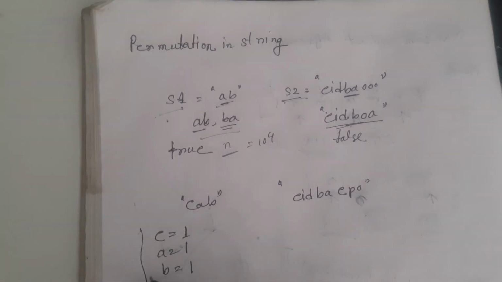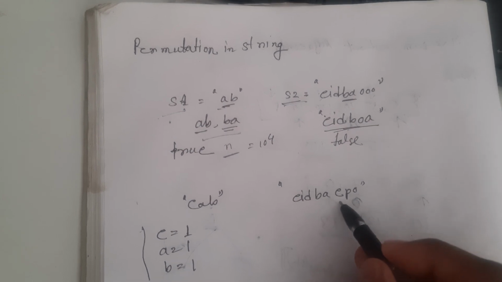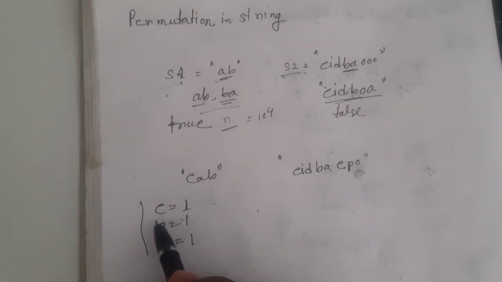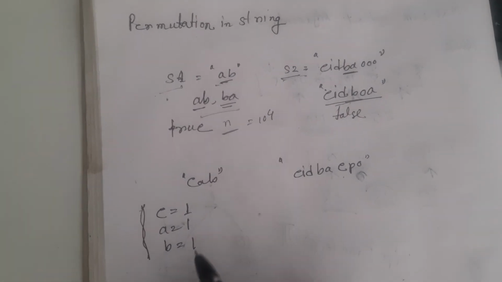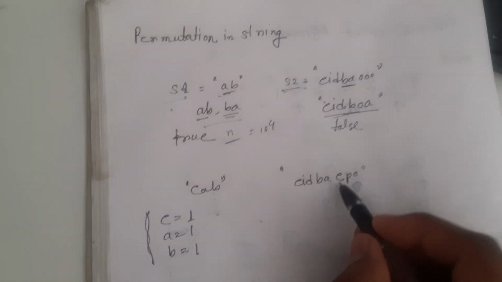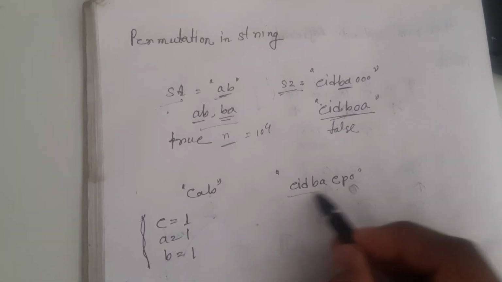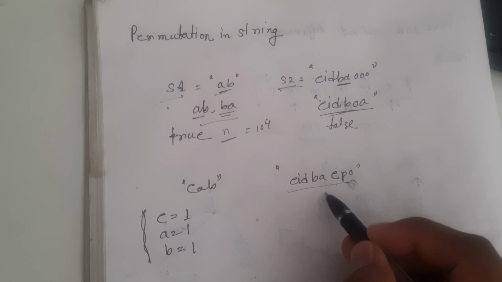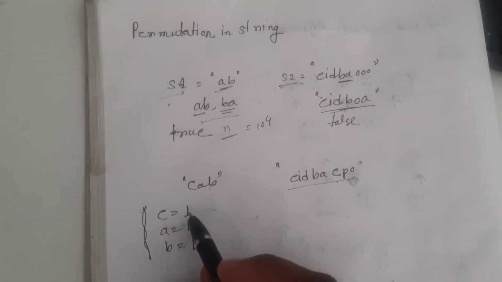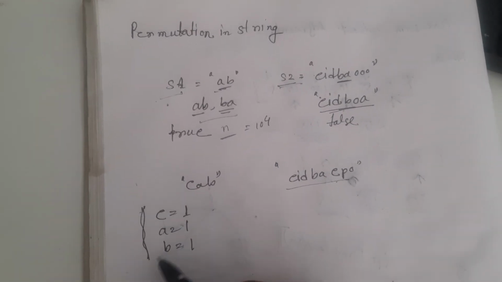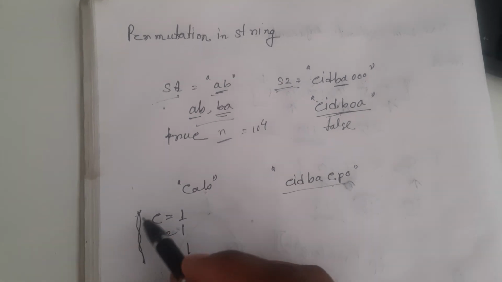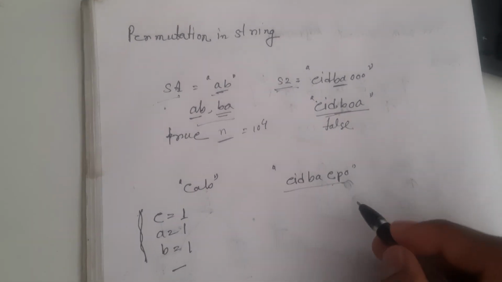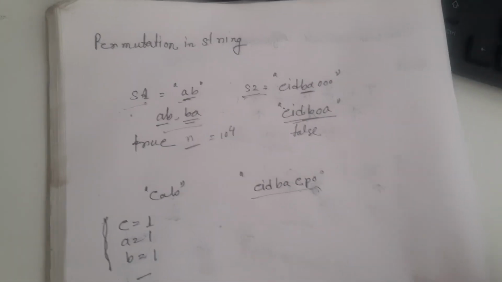Then we iterate over s2, and if at any point we get the same frequency of these three characters, we return true, otherwise we return false.